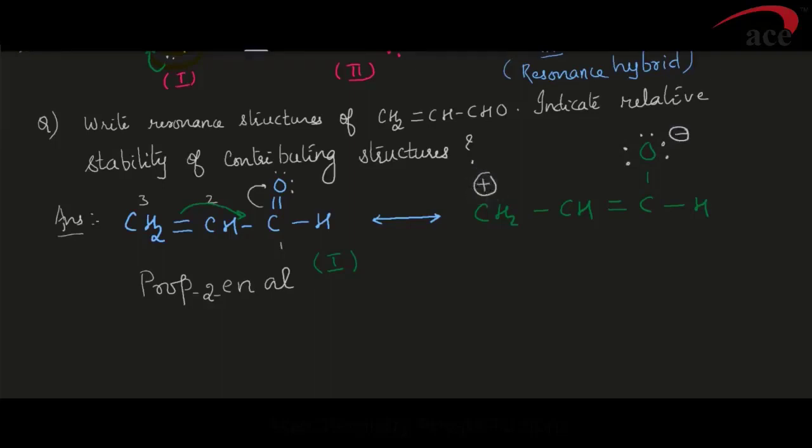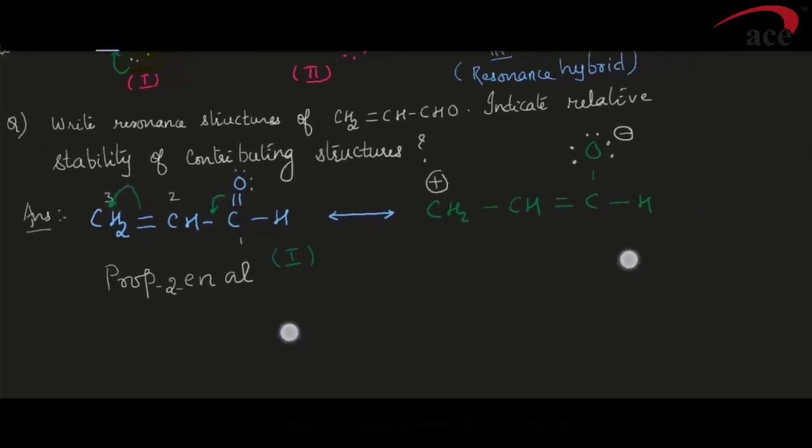Now if we have a shift of the pi bond from this end, we are just checking the possibility. So we can have the third structure as well.